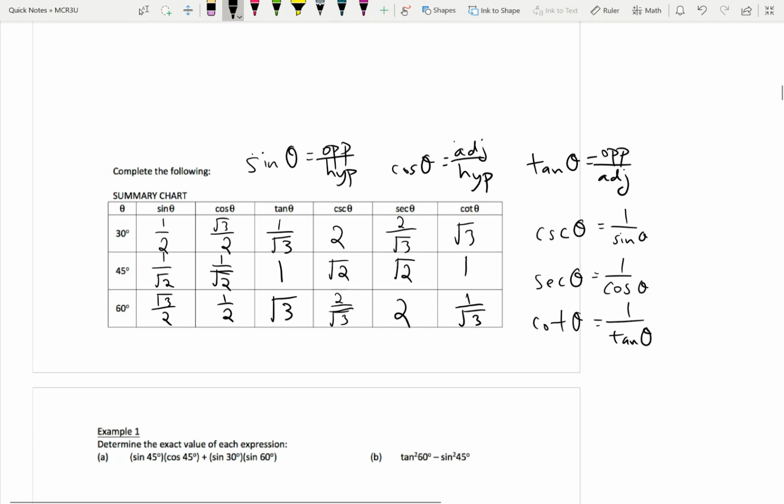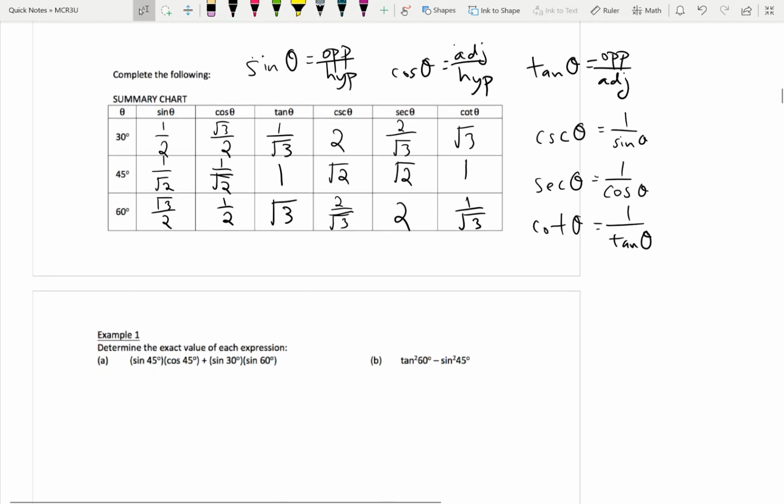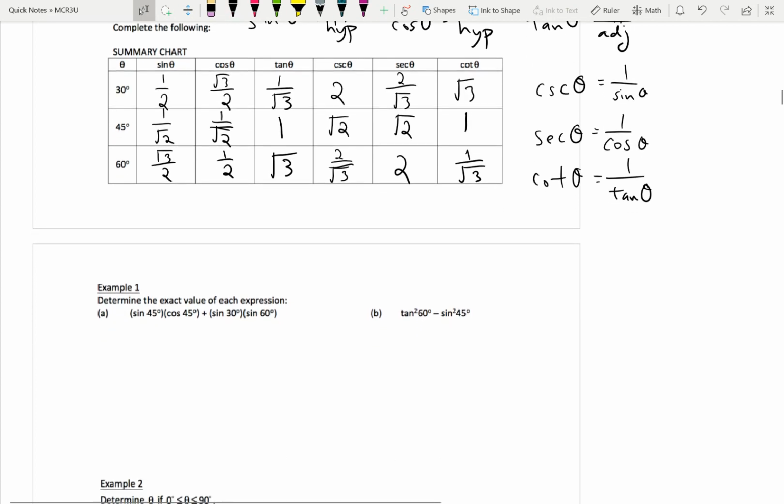Now this chart is super handy because later on you are going to use it in questions that will ask you to determine the exact value of each expression with trig ratios. So for example, in part A where it says sine of 45, well, what's sine of 45?